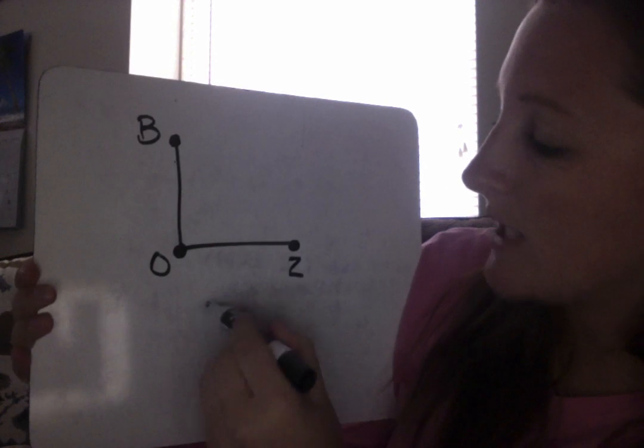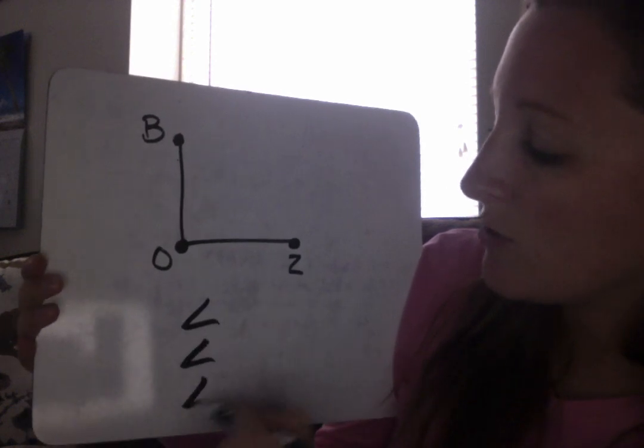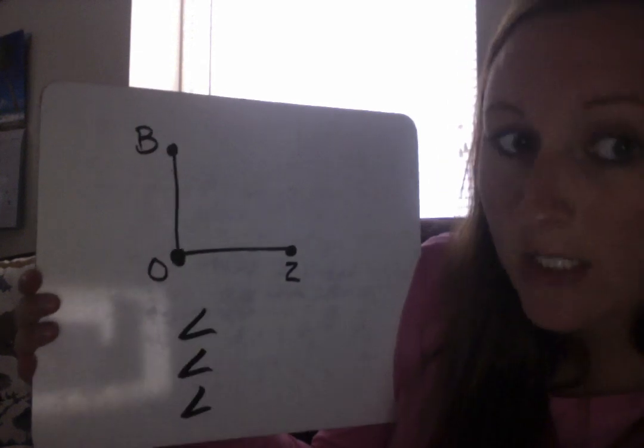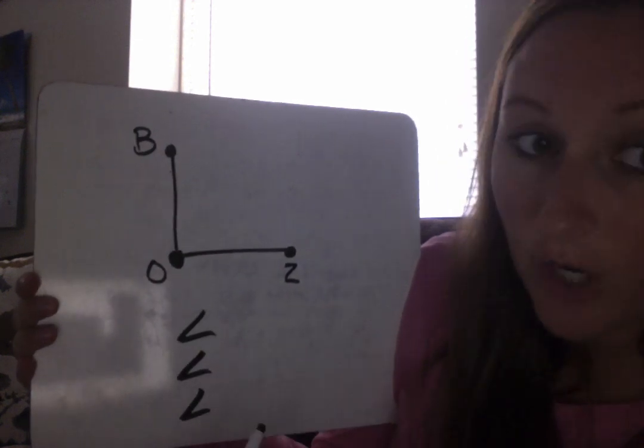So if I had an angle that was labeled this, we have Z, O, and B. So this angle technically has 3 names. We know the O is in the middle. It's our vertex, so it has to be in the middle of our names.